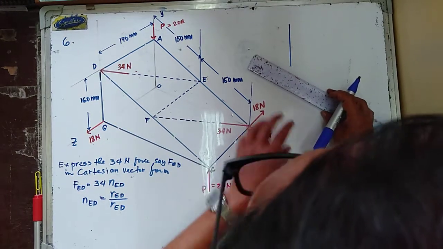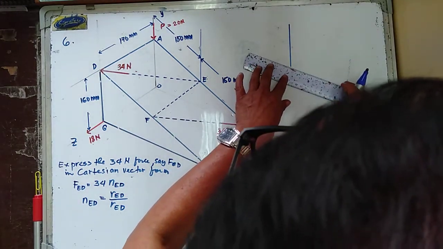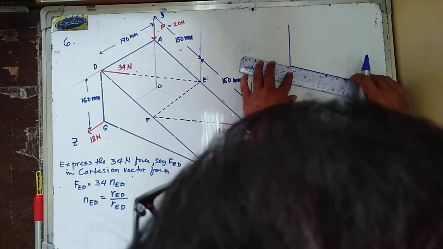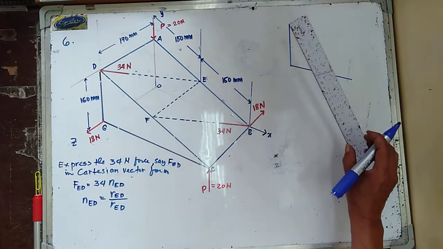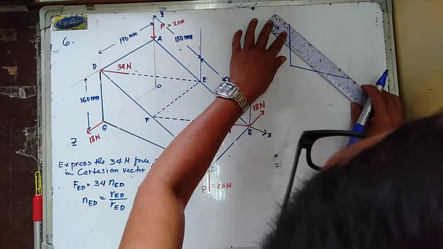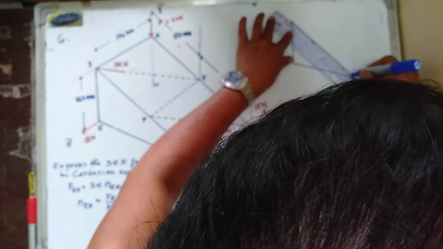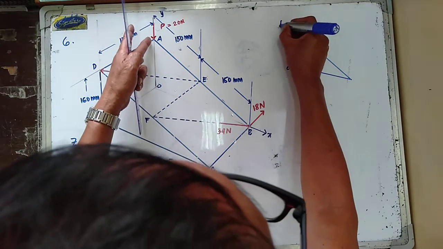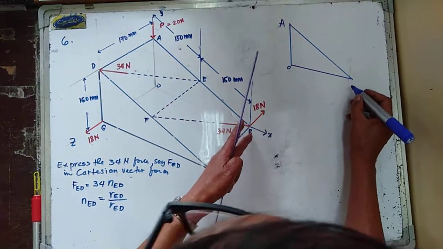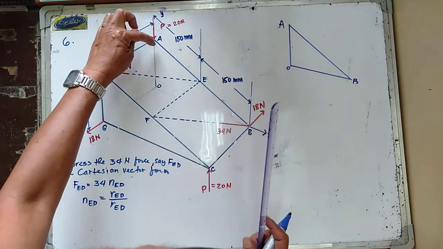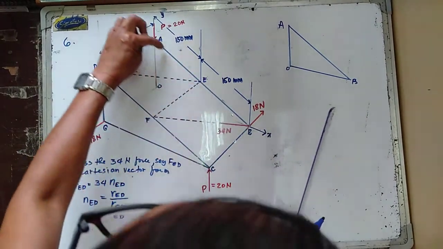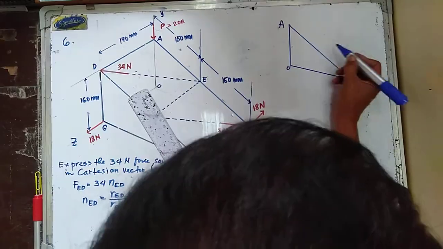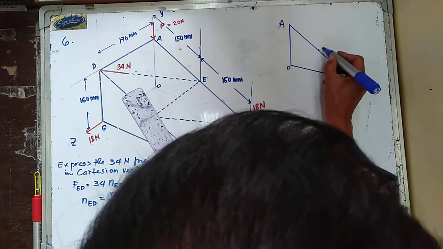Let's consider this triangle, such that this is your point O, this is your point A, this is your point B, and your point E is somewhere else about this point.